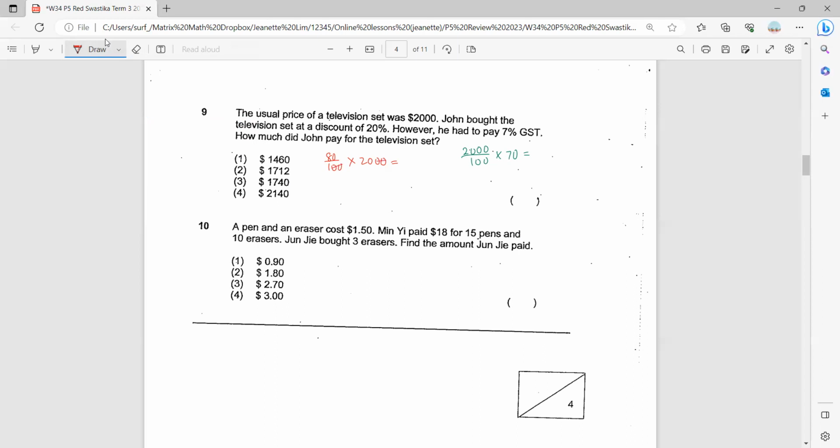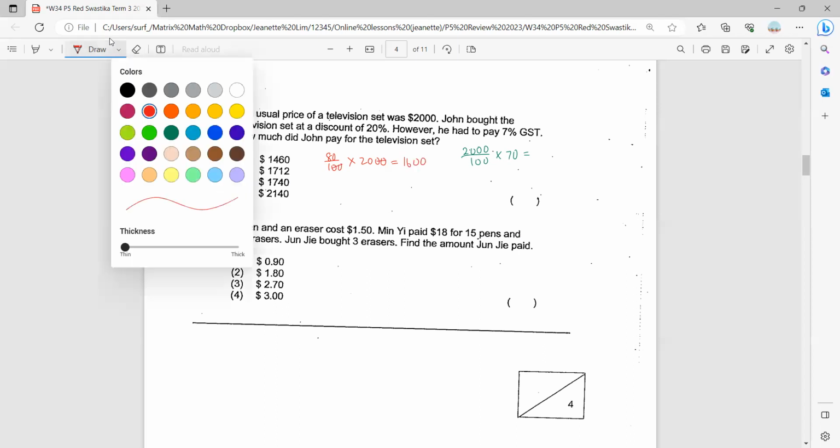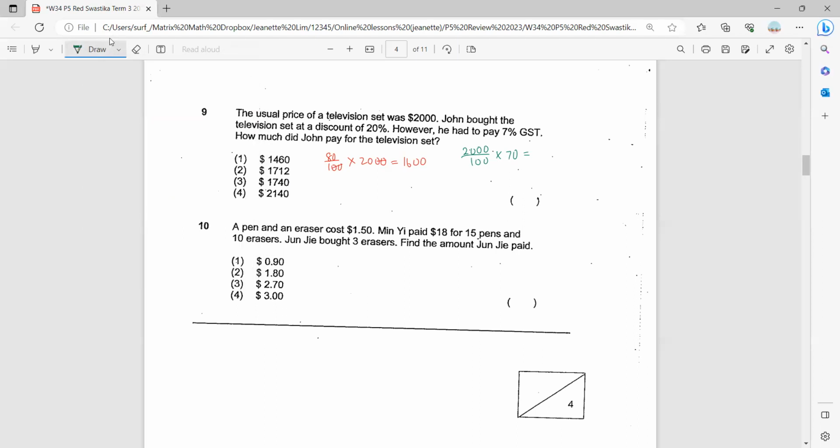You cancel 2 zeros, and this will be 1600. Okay, so this is the discounted price.